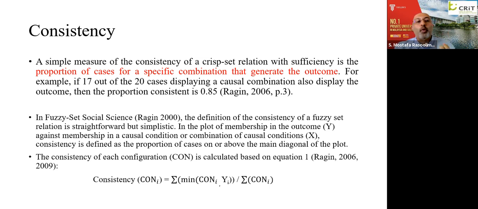Consistency is the proportion of cases for a specific condition that generate a high level of outcome. For example, if we have X and W and Z, for some cases this has generated the value of 1, the high value of outcome, and for some cases it has generated a low value of outcome.